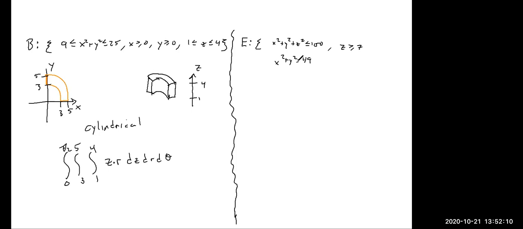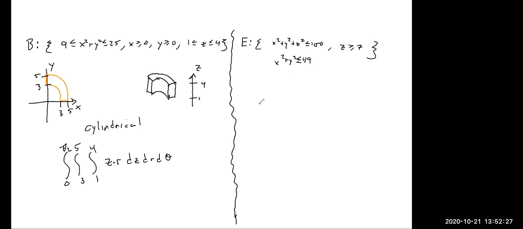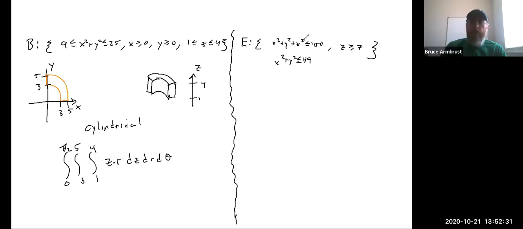Is that kind of like yours, Eduardo? That's exactly like mine. Okay, cool. So did I write those inequalities down right? Yeah, that looks good. So we're under the sphere, above this plane, and within this circle.